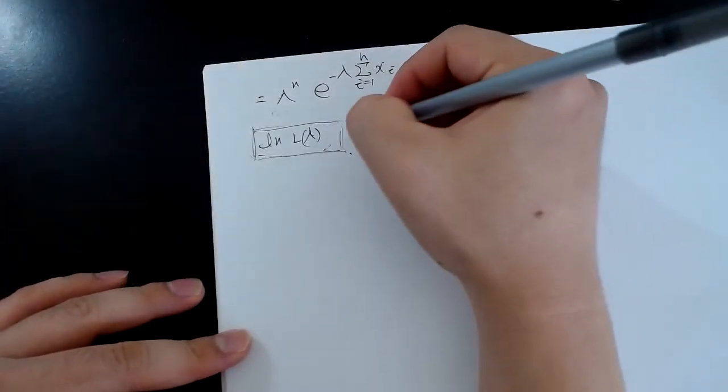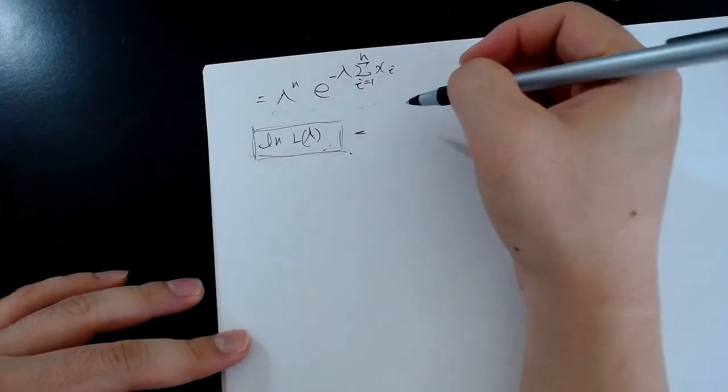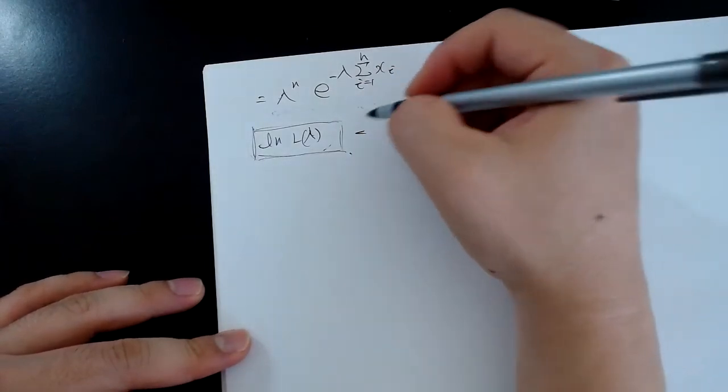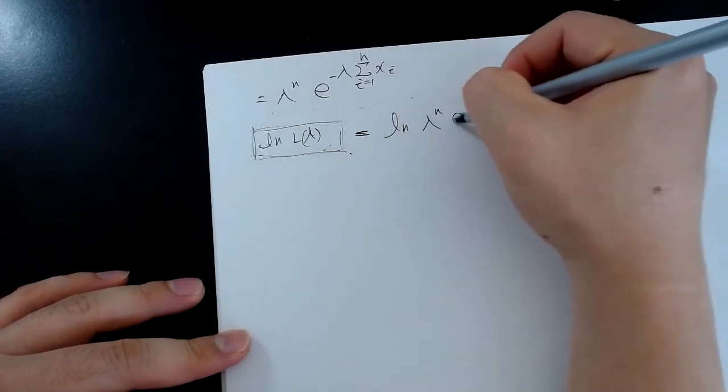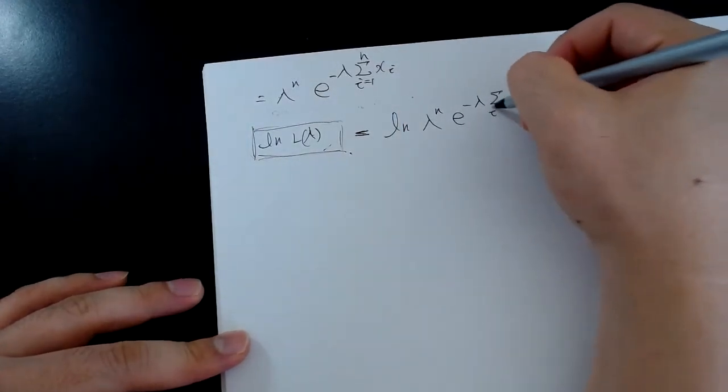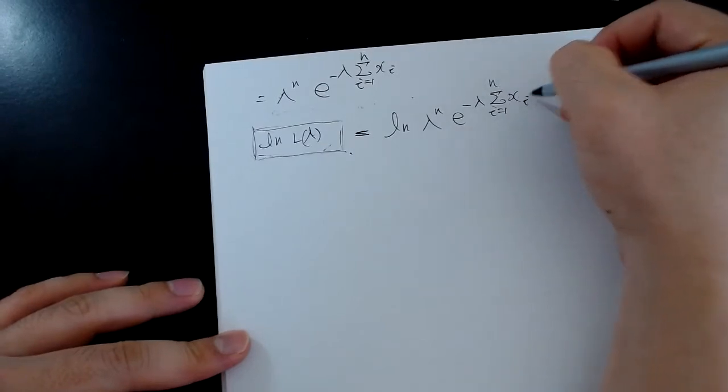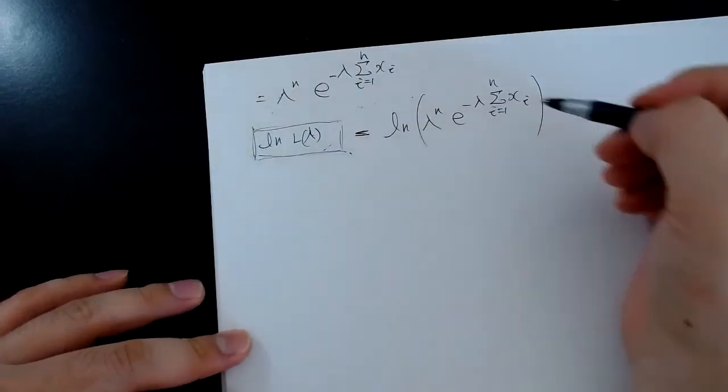So now this is equal to what? The natural log of lambda to the nth power, e to the negative lambda sigma i equals 1 to n of xi.